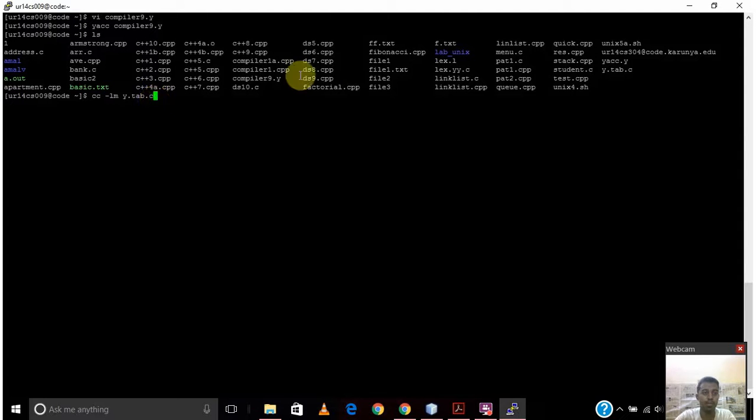So this is the command: cc y.tab.c -lm. This is the y.tab.c that was generated, and I'll be using it to compile. Now I'll be displaying my output, a.out.